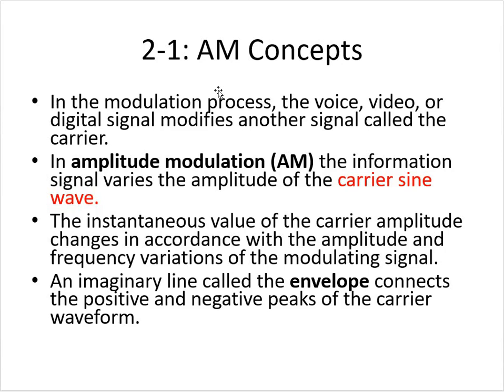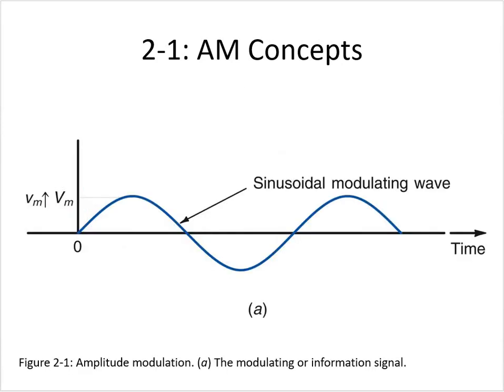An imaginary line called the envelope connects the positive and negative peaks of the carrier waveform. In the next slide we will see how we can develop the waveform. You can see here this is a sinusoidal modulating wave.